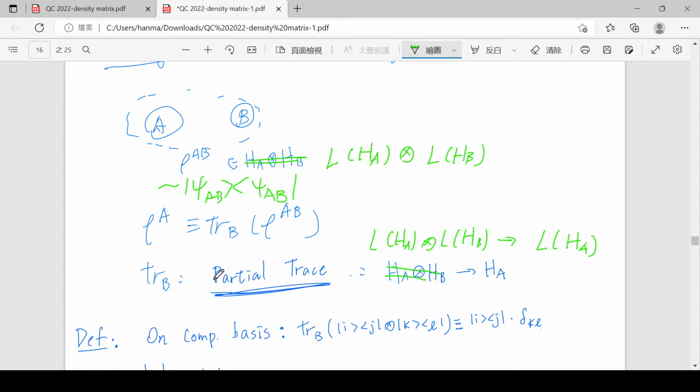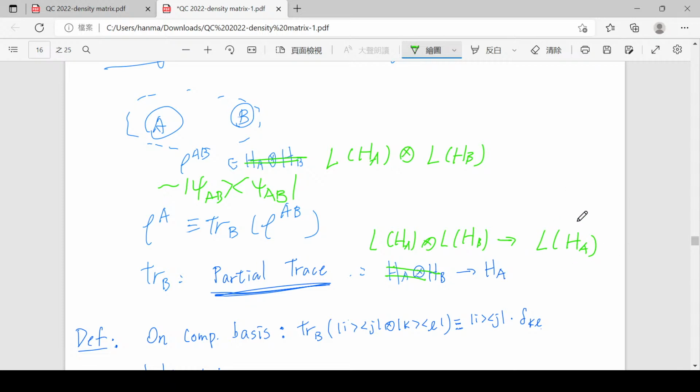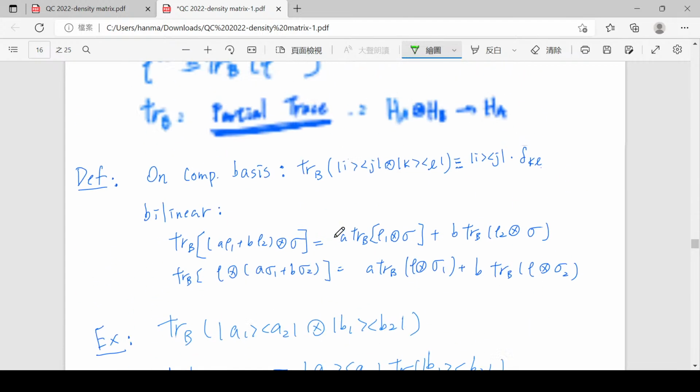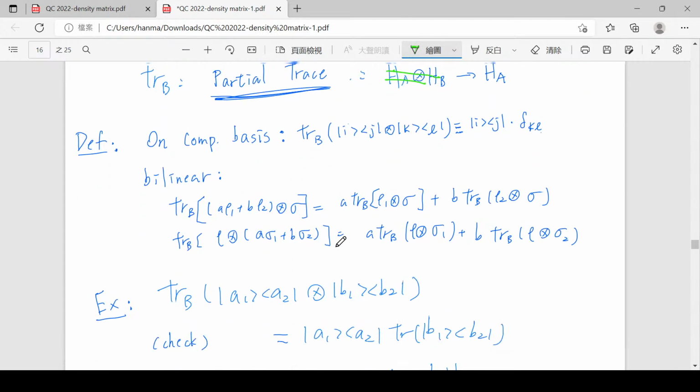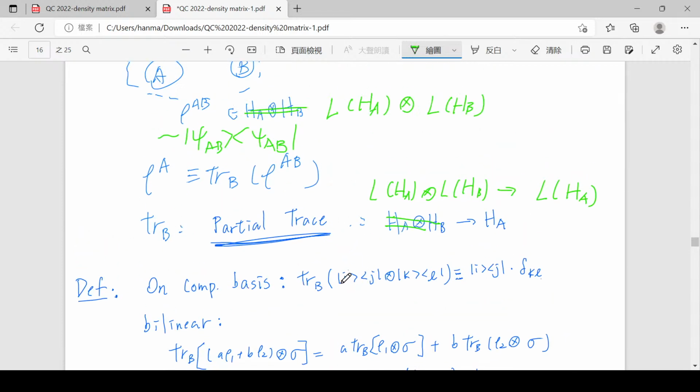But anyway, the partial trace will map a density matrix on this bigger system A and B to a density matrix that's just on system A. And here is the definition. We use a little lazy way to define things. We define it on all computational basis elements. The computational basis for matrices is just every matrix element.